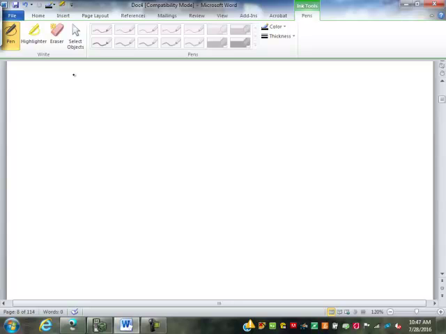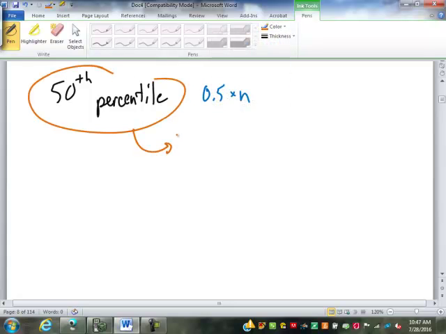So, another measure of position. There's a good reason why I did percentiles first, by the way. How would I find the 50th percentile? Well, the position would just be 0.5 times n, right? That corresponds to our median.